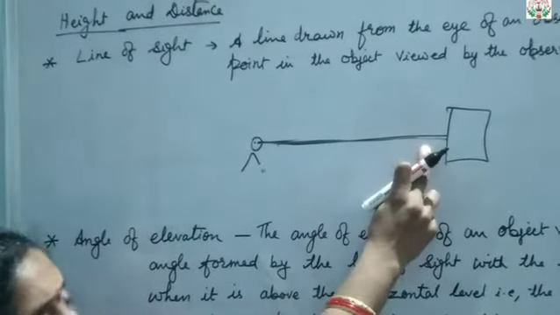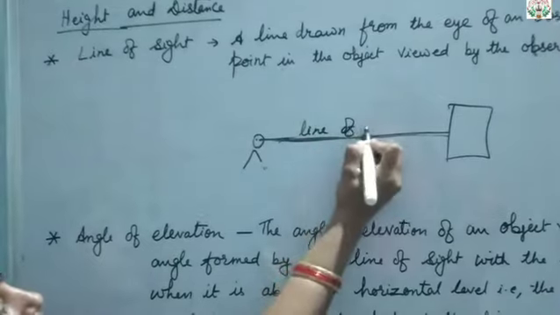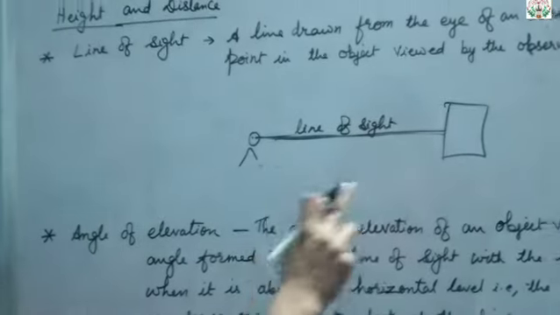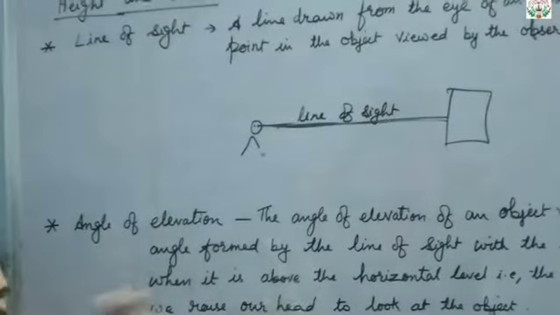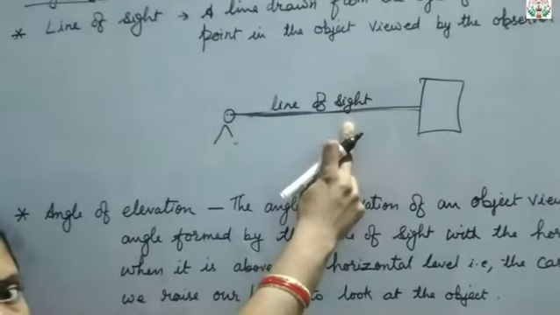So this horizontal line is called line of sight. The object is just in front of me and I am seeing straight to the object.